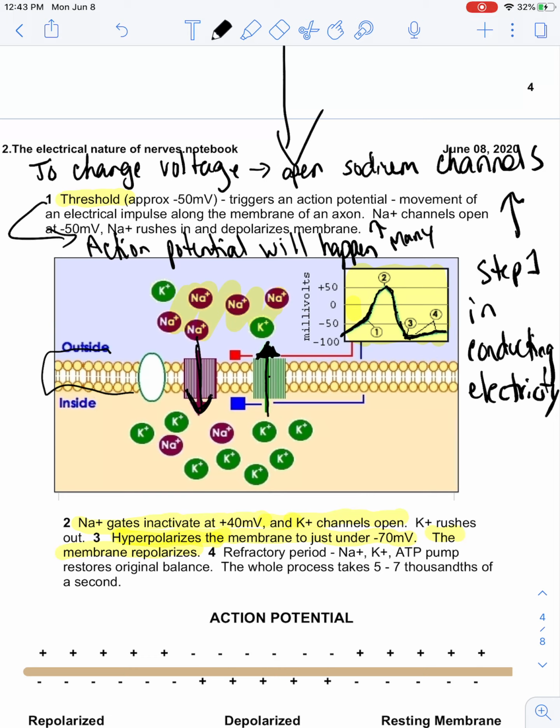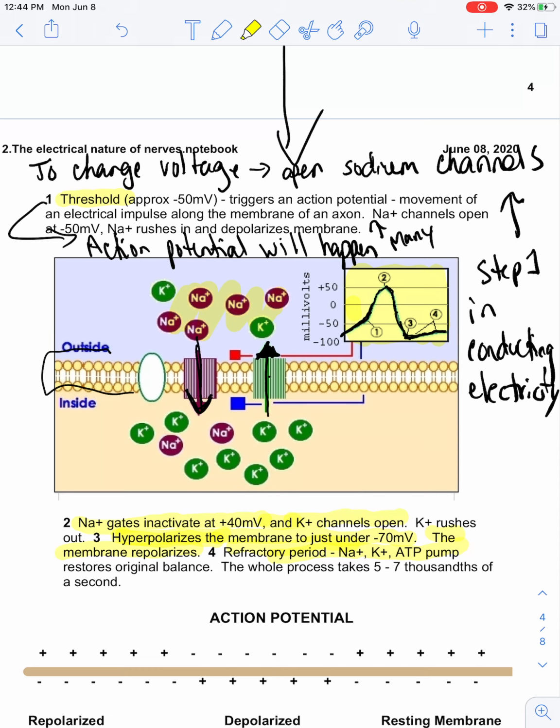Because even though we've changed the voltage back to the negative 70, our potassium and our sodium is reversed. So during this refractory period, we want to get things back to normal again. And so that's where the sodium-potassium ATP pump comes in. It takes energy. It takes energy to conduct electricity, people.